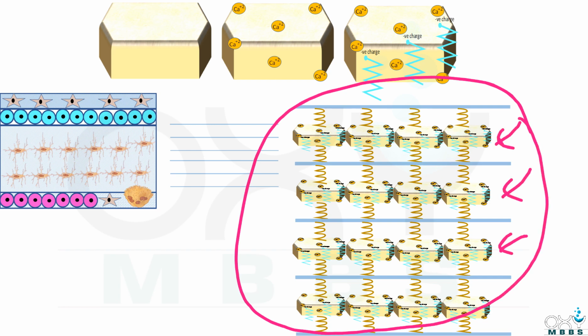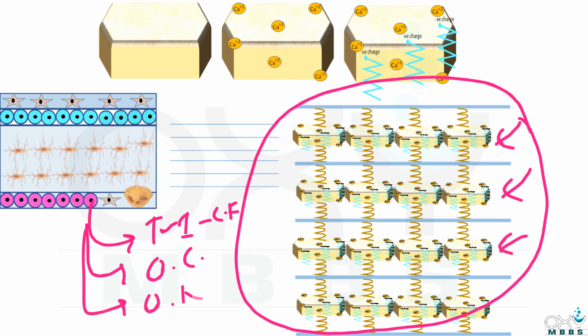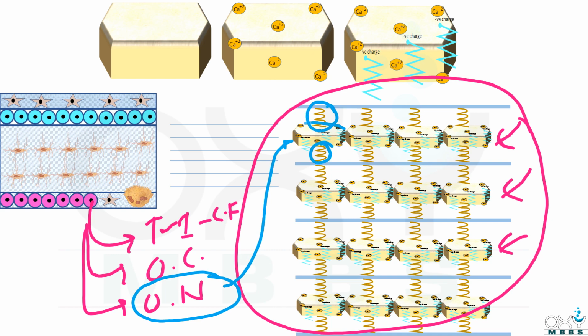As you know, one protein secreted by osteoblasts is type 1 collagen fibers, the second one is osteocalcin, and the third one is osteonectin protein. So what is the function of this osteonectin protein? As you can see clearly here, this osteonectin protein joins hydroxyapatite with the collagen proteins.